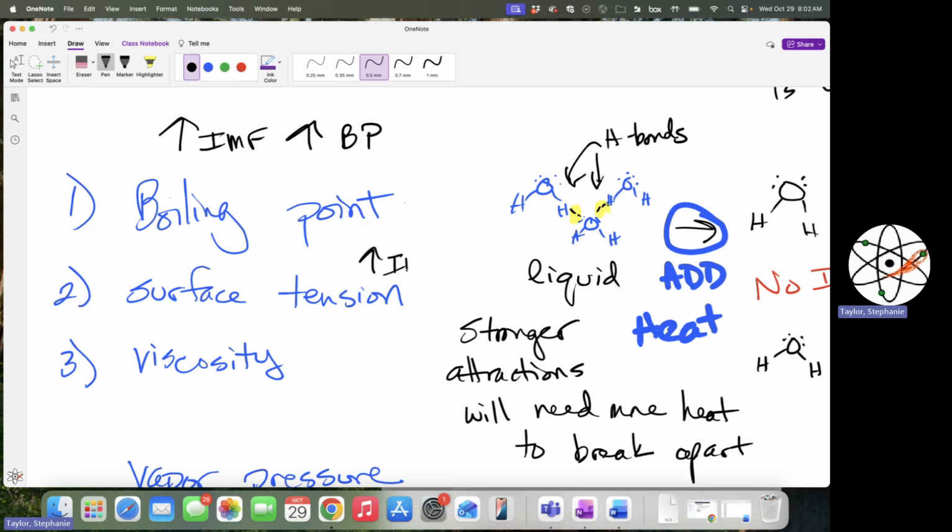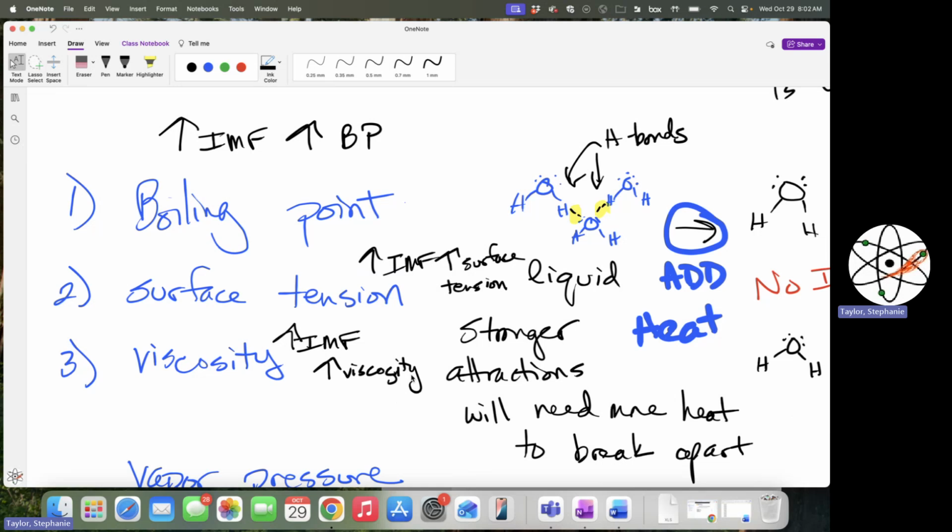The higher the intermolecular forces, the higher the surface tension. That is because surface tension is also something that is better and stronger with better attractions. Viscosity, we're going to see the exact same thing. The higher the intermolecular forces, the higher the viscosity. The stronger the attractions in between the molecules, the less well the molecules actually flow against each other.